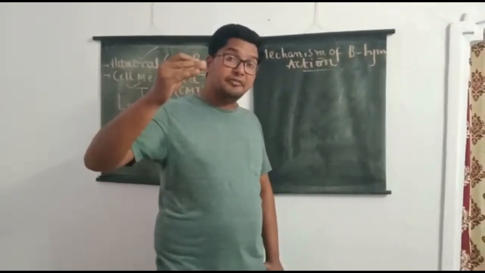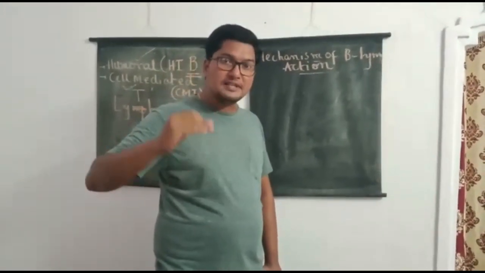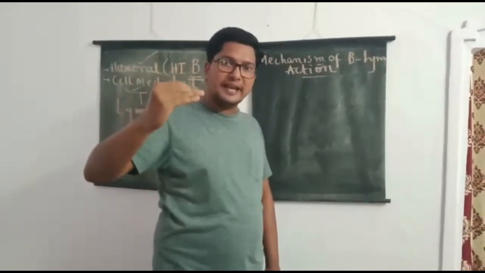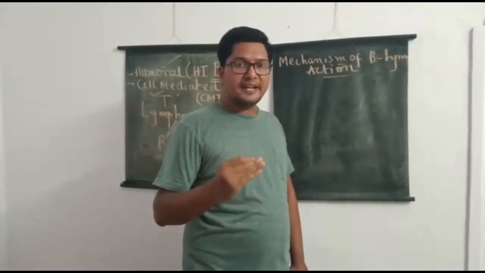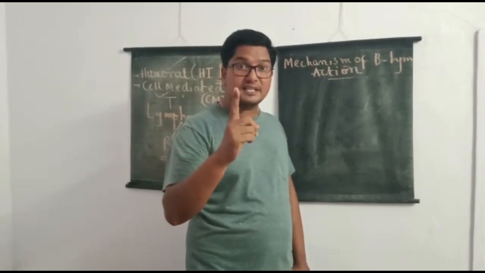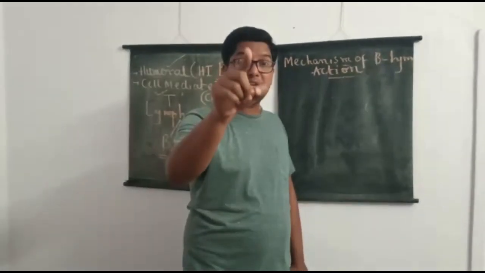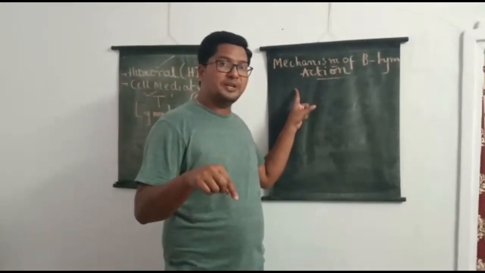They contain different types of antibodies, and these antibodies fight against the foreign microorganisms or the antigens which are entering our body. So whenever we get an immune response or whenever we get resistance against a disease by the antibodies, ultimately we have to understand that is nothing but humoral immunity.